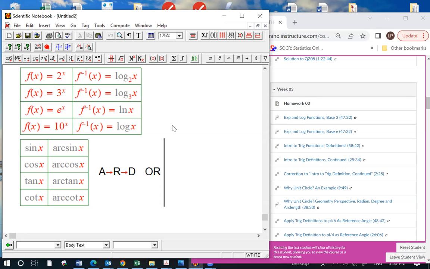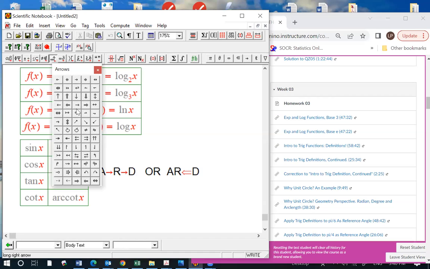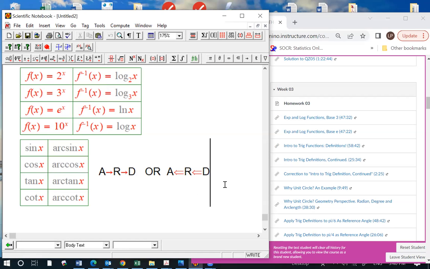Or D to A. Either way. So all the questions you're going to encounter in trigonometry are either A to D or D to A. Okay, so the kind of arrow doesn't really matter. I can make them the same type of arrow if you want, right? And we spend weeks on these topics.